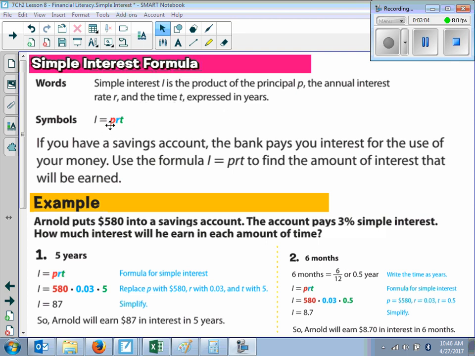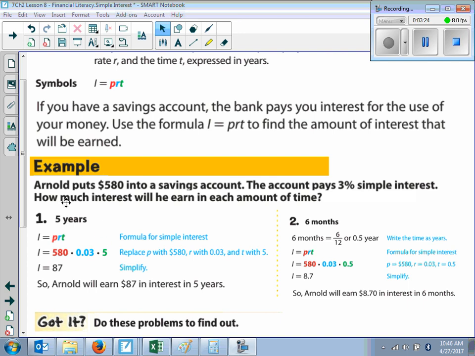So all you have to do is PRT multiply. If you have a savings account, the bank pays you interest for the use of your money. You're going to use that formula, interest equals PRT, to find the amount of interest that will be earned.